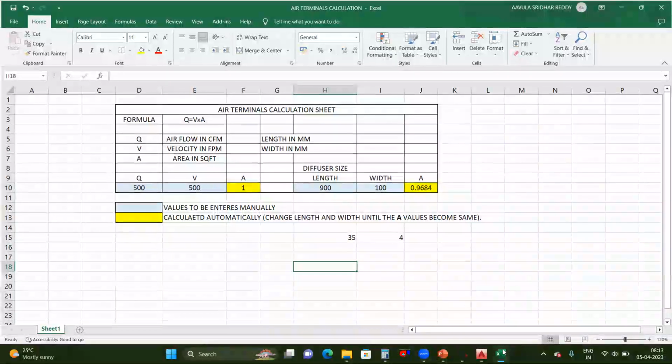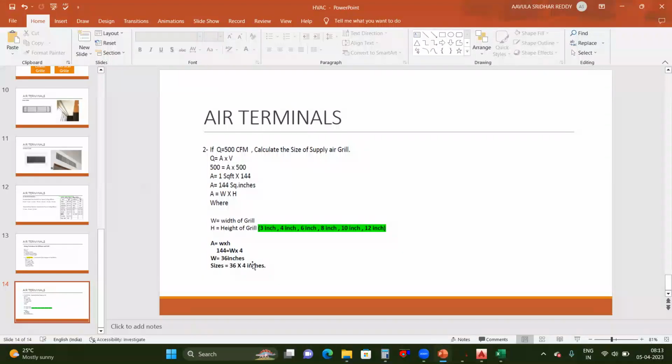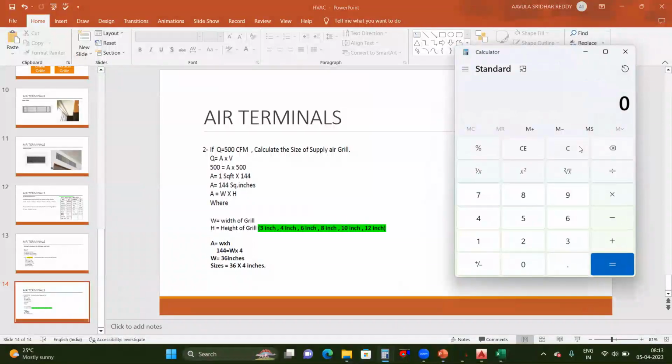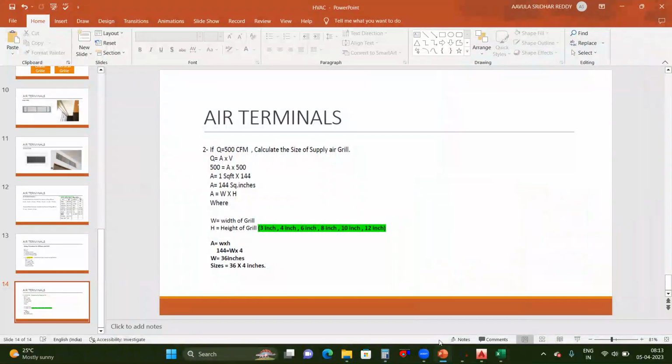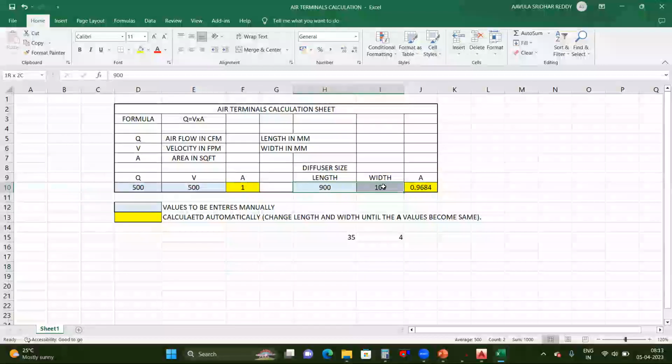So if you check it again and compare, what is the size we got here? That is 36 by 4 inches. So 36 multiplied by 25.4, we get 914. Okay. So here also we got 900 by 100.